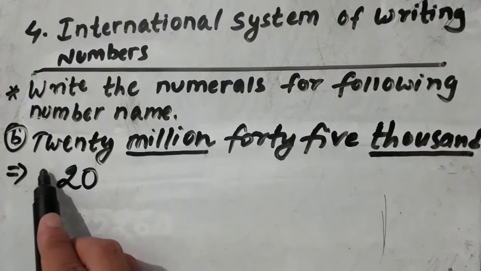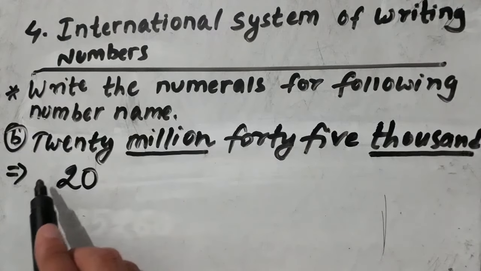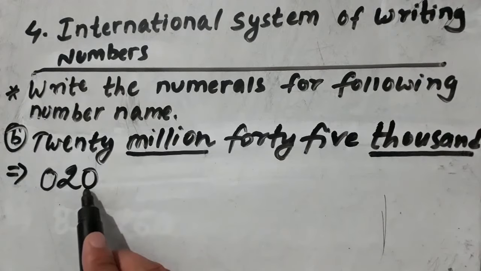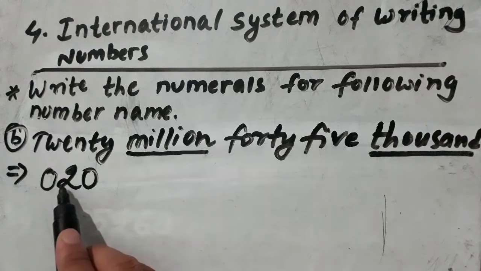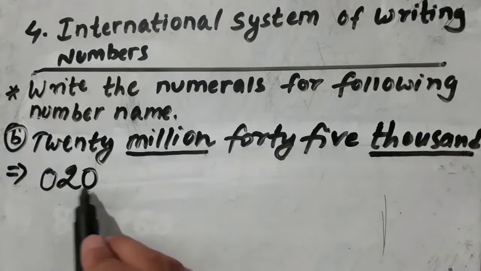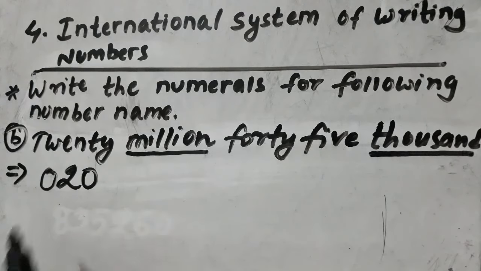Now there is no 100 million. We can just replace it with 0, but it is not compulsory. To make 3 places, here I have kept 0. So students, to make 3 places I have replaced 0.